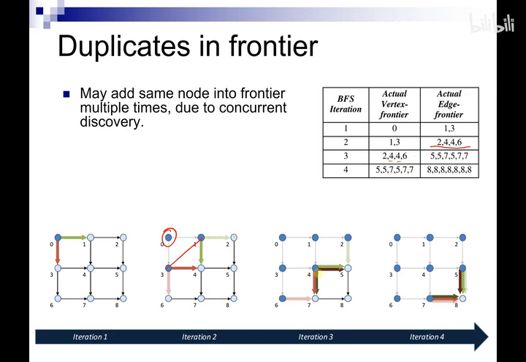Then what's going to happen is that now you're going to be adding the neighbors of the third layer. So 6 is going to add 7, 4 is going to add 7, but you also have this other copy of 4 that's also going to add a second 7. Okay, and then the 4 is going to add the 5, and the other 4 is also going to add the 5, and the 2 is going to add the 5. Okay, so now you have like 3 copies of 5 and 3 copies of 7.